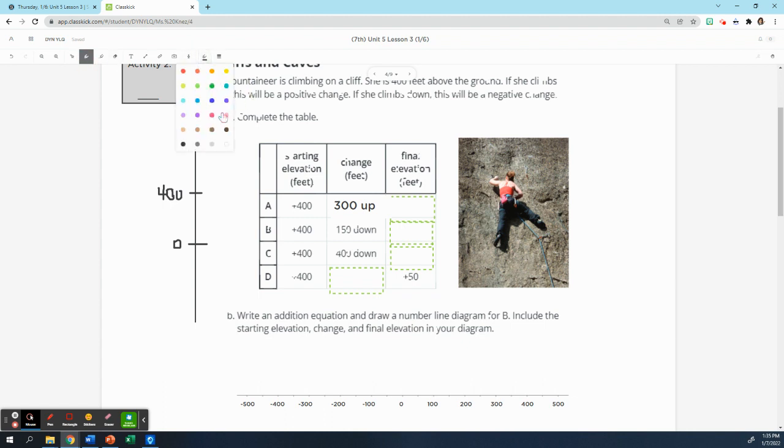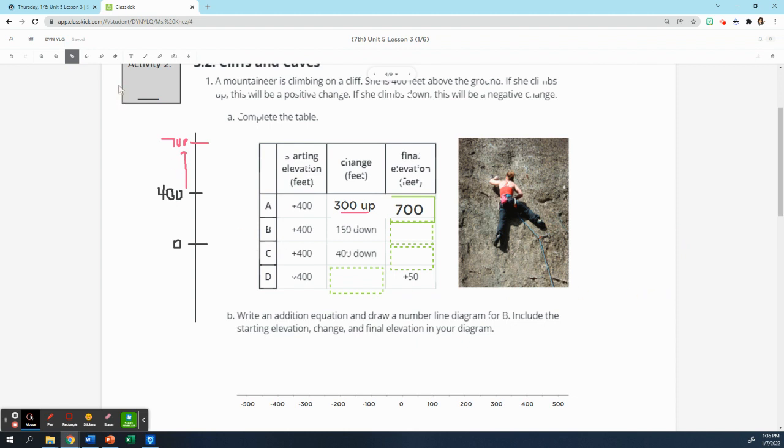And so it would look something like this. 300 up, I'm moving up 300, and I would end up at 700, which I can go ahead and write into my table. It's a little messy in marker, but remember we can type in these green boxes, 700. And when I get that check on the green box, I know that I've answered it correctly. If it was incorrect, my box would turn red.